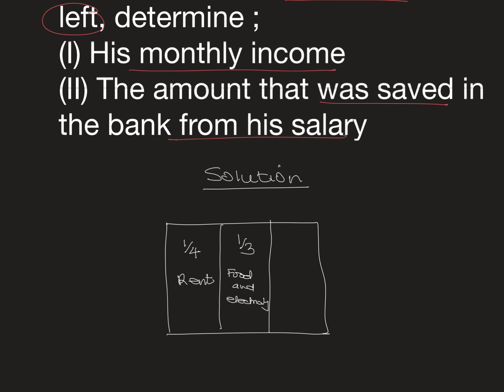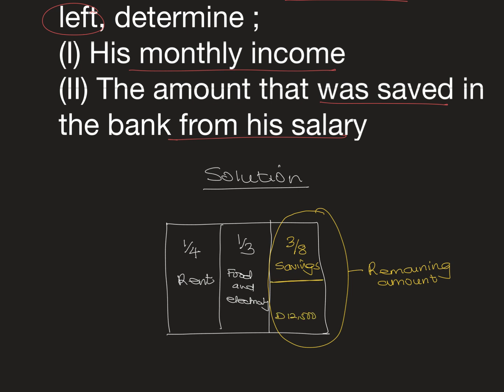Then it says, out of the remaining amount, 3/8 was saved, went into his savings. And the man was now left with $12,500.